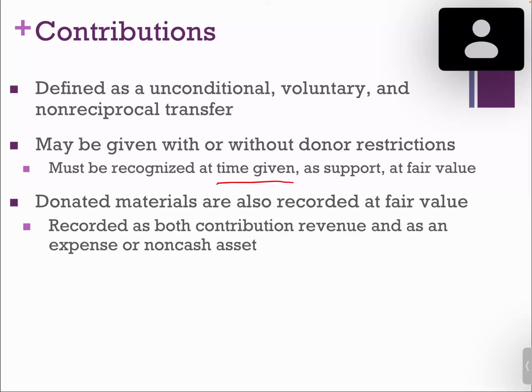Now, if they are consumed at that time, so think of like a veterinary supply company, if they give bandages or something, let's say there was a tornado that came through and injured a whole bunch of animals, so they gave bandages. Well, the organization would recognize that as contribution revenue, but then they would also record it as an expense.